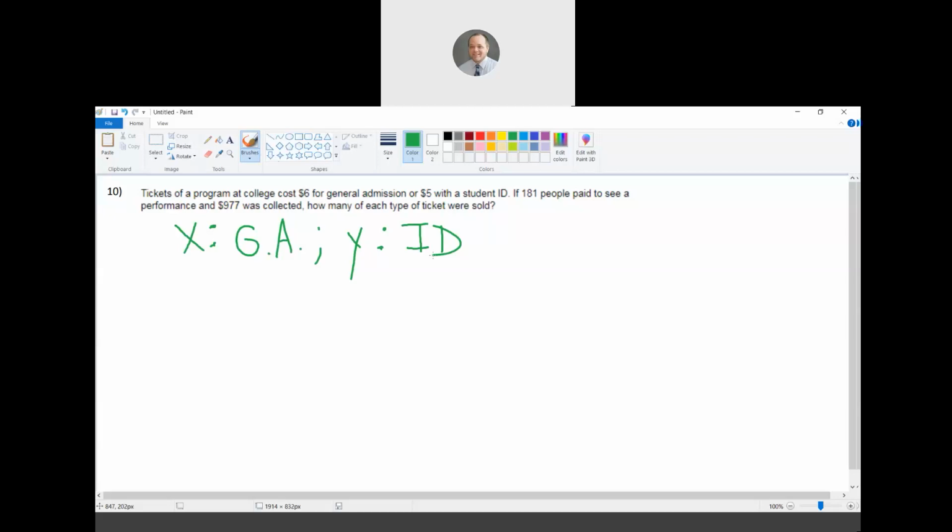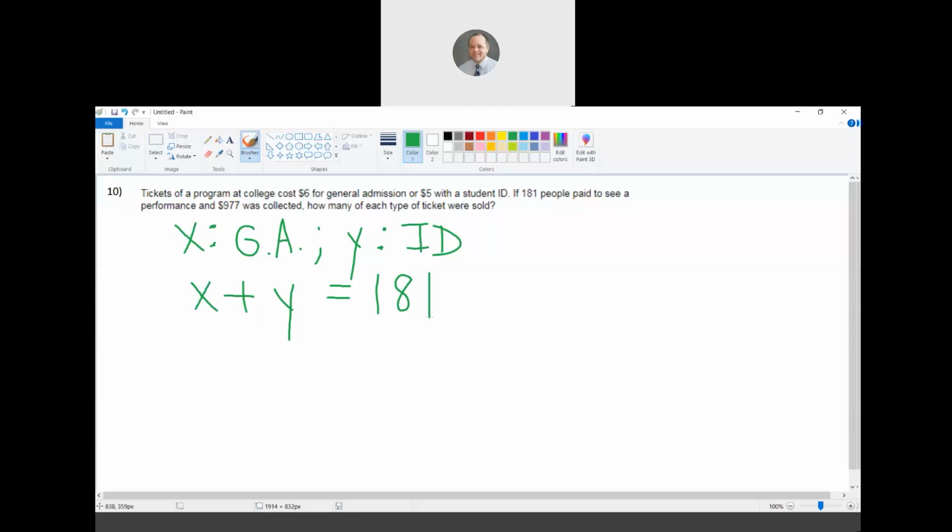Let's use this information to build our system of linear equations. The first equation is the number of people. So the number of general admission plus the number with student ID totals 181.